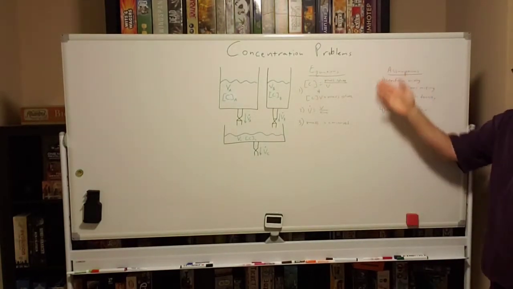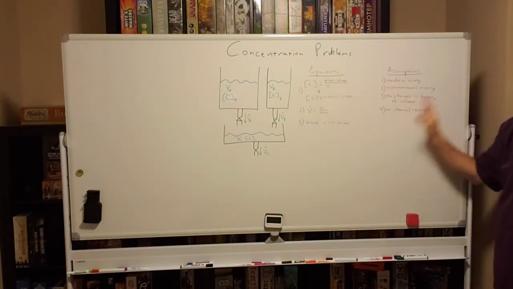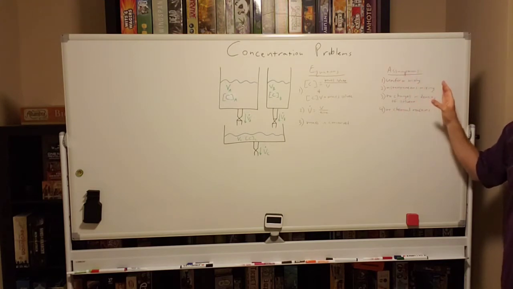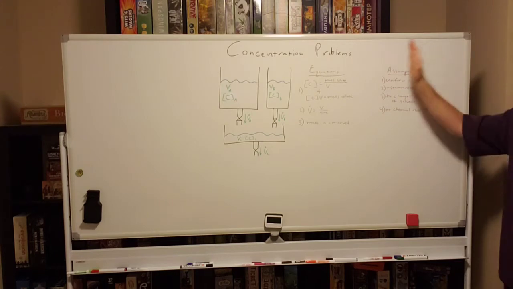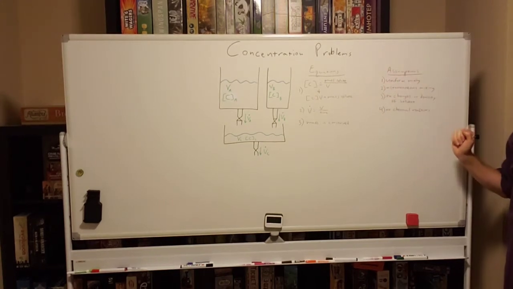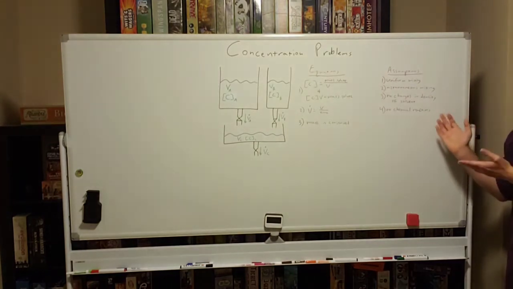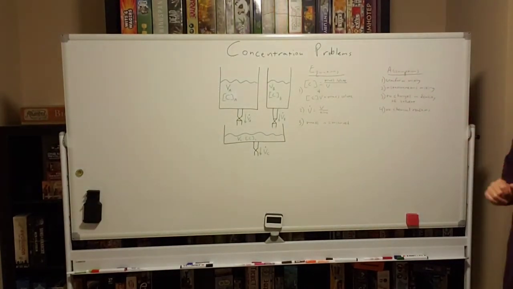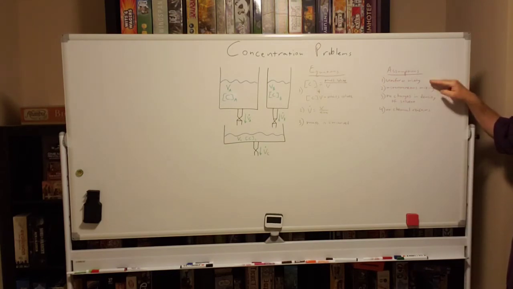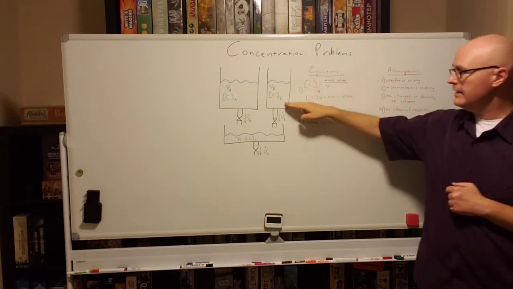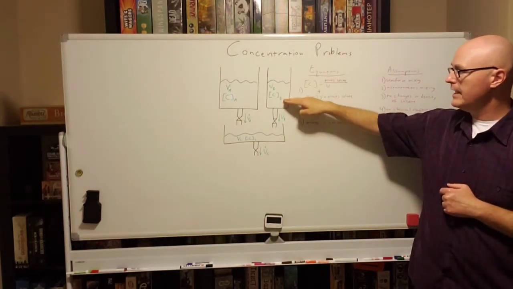Our assumptions. These equations are true. These assumptions may or may not be true, but for this problem we're going to make them. If this were a real problem, we would have to test and validate these assumptions. But since this is made up, we'll go with it. Uniform mixing: the concentration at the bottom of the tank is the same as at the top.